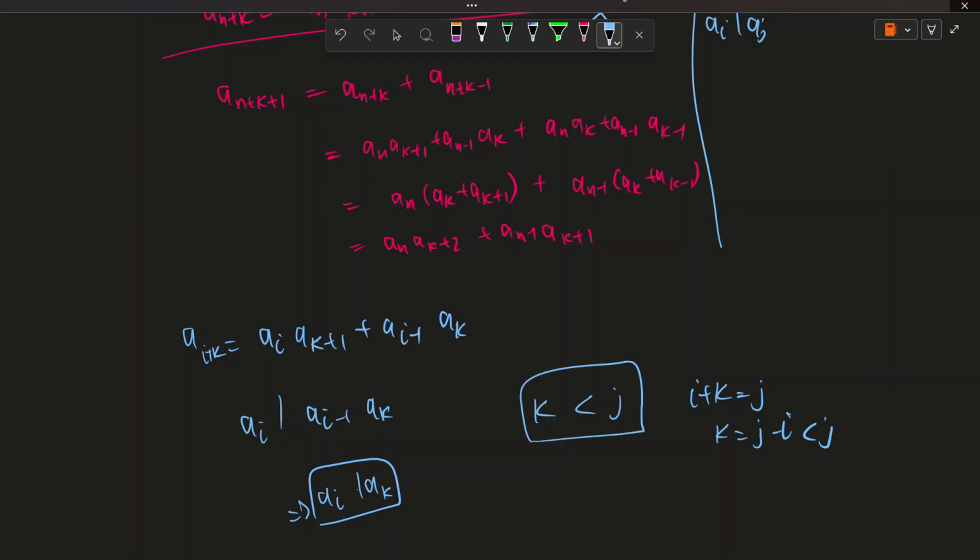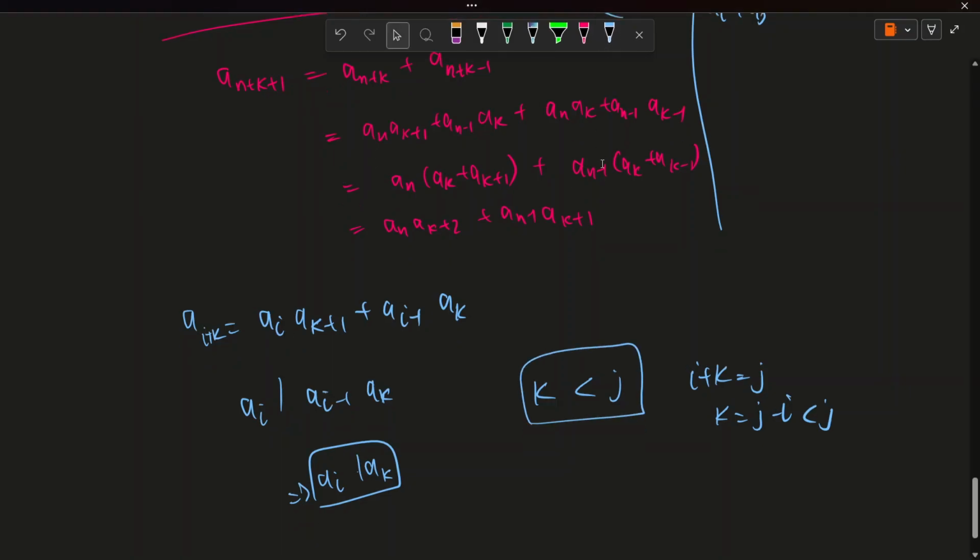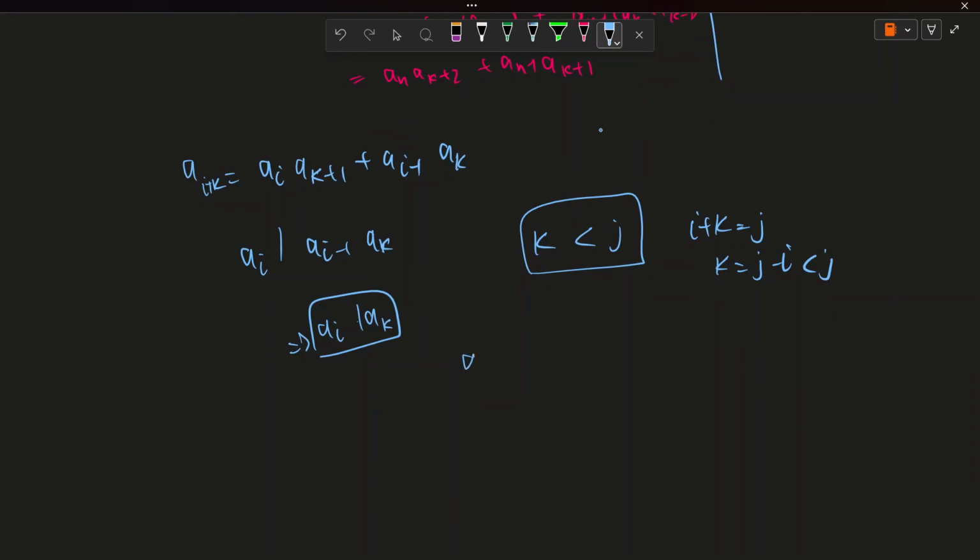So if we take an induction, first we will prove that ai does not divide a_{i+1}, sort of. In the same way as induction, note that we have reduced it to a smaller case. Because we have reduced it to a smaller case, we can do the same procedure.